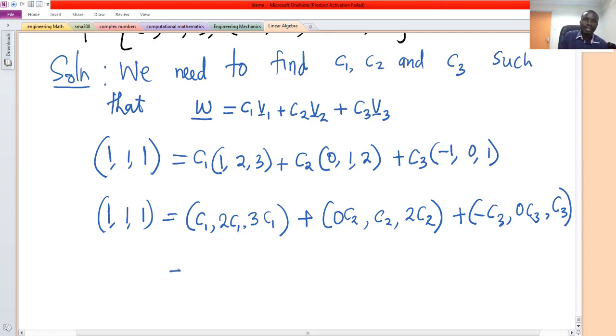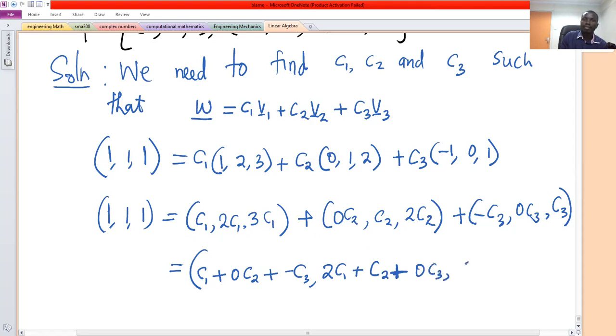And then on the right-hand side, when we are adding vectors, we simply add corresponding elements. So we'll have C1 plus 0 C2 plus minus C3. That's the first element. The second element will be 2C1 plus C2 plus 0 C3.